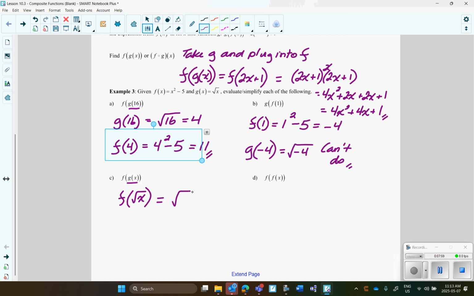So I get square root x squared minus 5. What's the square root of x squared? What do square roots and squared do to each other? They cancel each other out, so it's just x minus 5. And that's as simple as I can go.